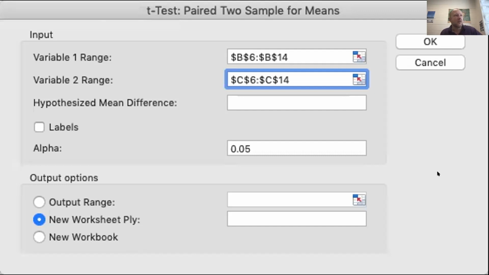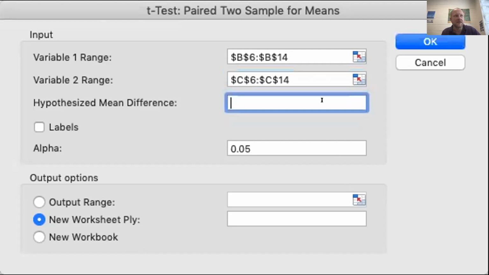Okay. So the thing that I did was to click on one of the little interactivity buttons to tell it that I was going to then choose a particular area there. I'm going to leave the thing where it says hypothesized mean difference to be blank, and it will assume that we're thinking about that as 0.